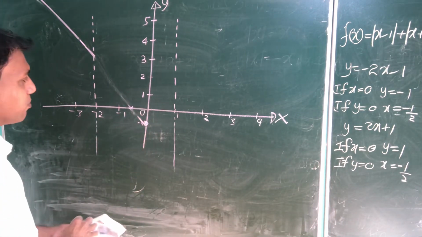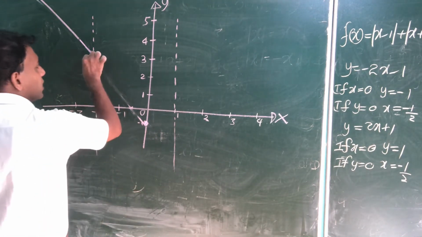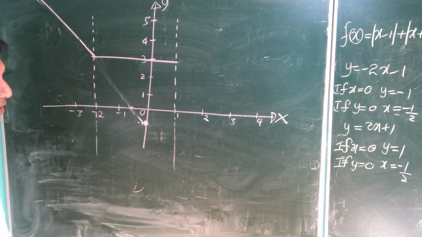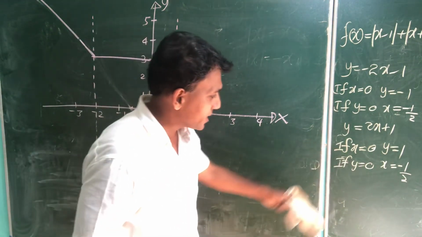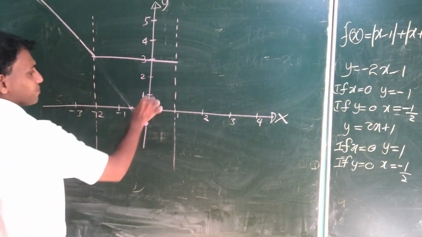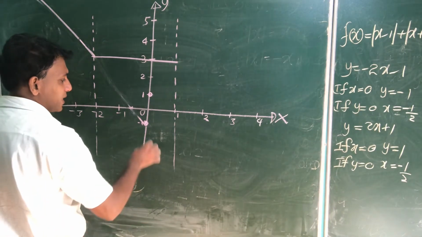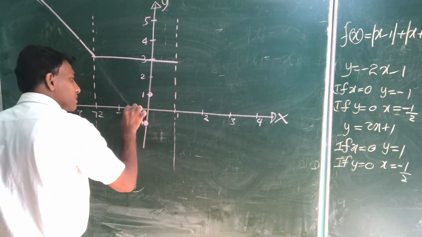Next one, between minus 2 and 1, y equals 3. For x more than 1, what is the graph? x 0, y 1; y 0, x minus half; here it should go like this.